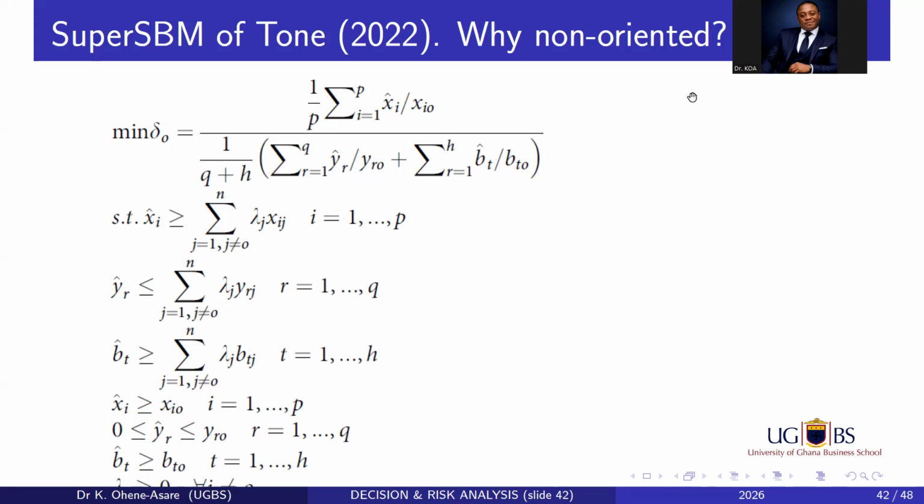Which constraint is that? I think that's lambda greater than or equal to 0 for all the I, J's, and then the R's. Yeah, there's a non-negativity constraint at the bottom.